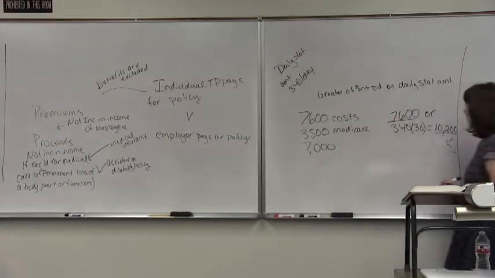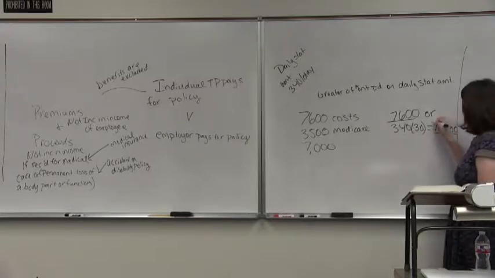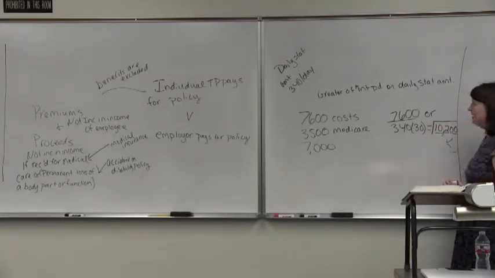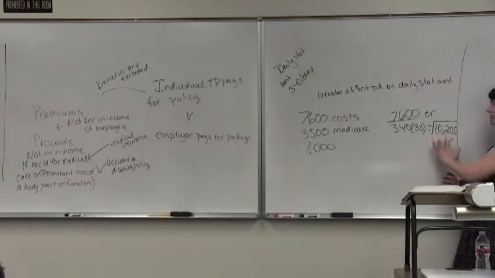Okay? So, if she gets to use the greater of these, we're looking at $10,200 as the amount of her costs. Of course, that's not the actual amount of her costs, but this is the amount that Congress says she gets to consider to be her costs.